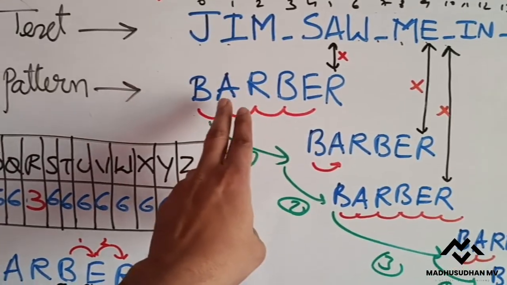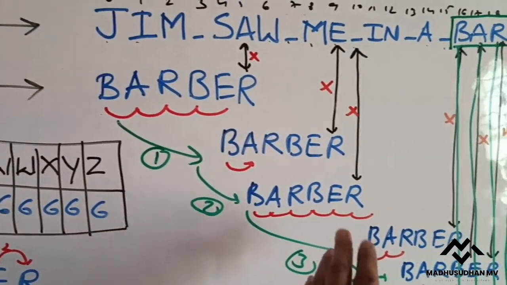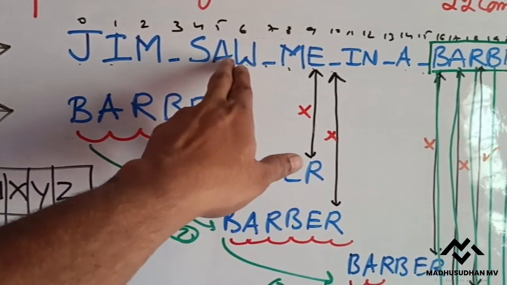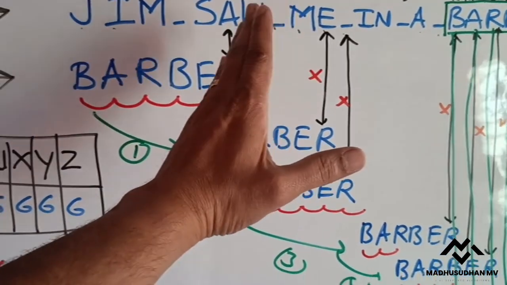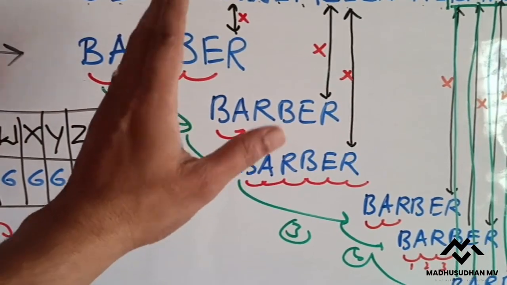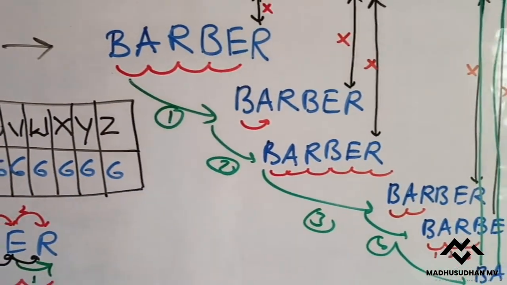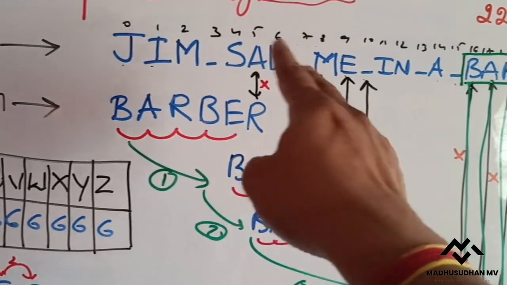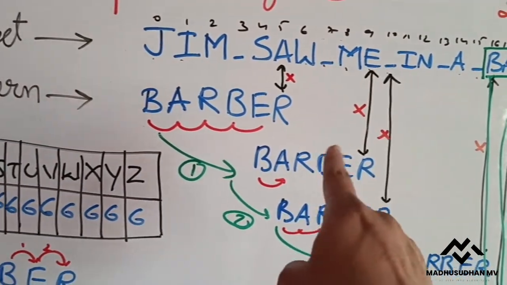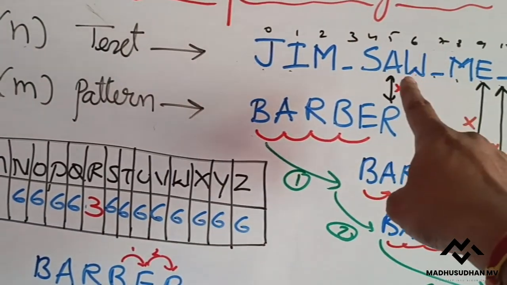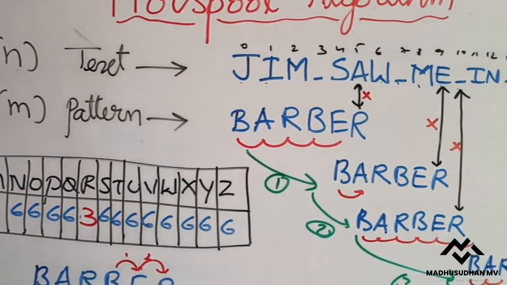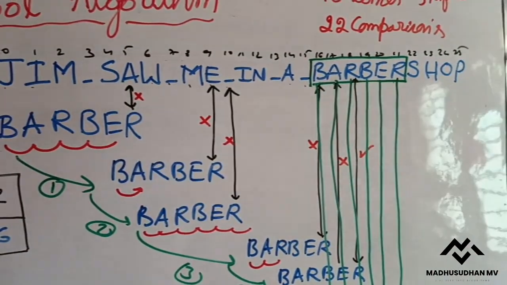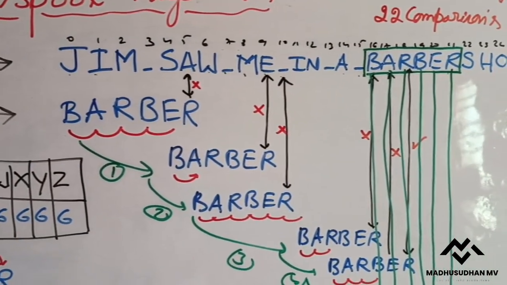After aligning, we started comparing from the last character of the pattern with the corresponding character of the text, until either all the characters matched or a mismatch occurs. Whenever a mismatch occurs, we shifted the pattern towards its right by the shift value of the mismatch character of the text. We repeated this until either we found the pattern or we reached the end of the text.